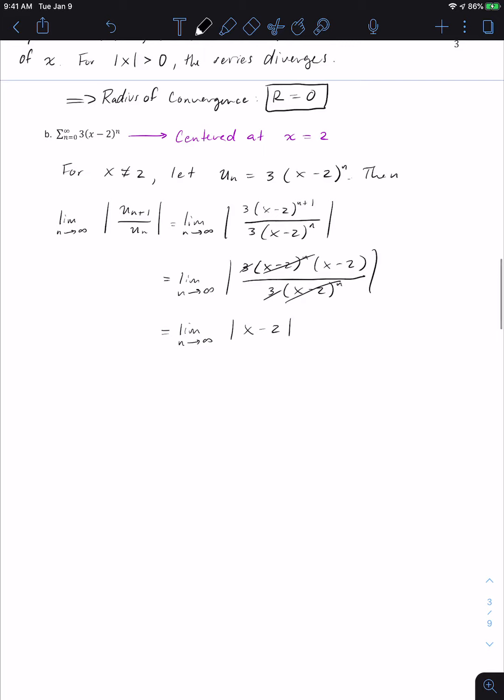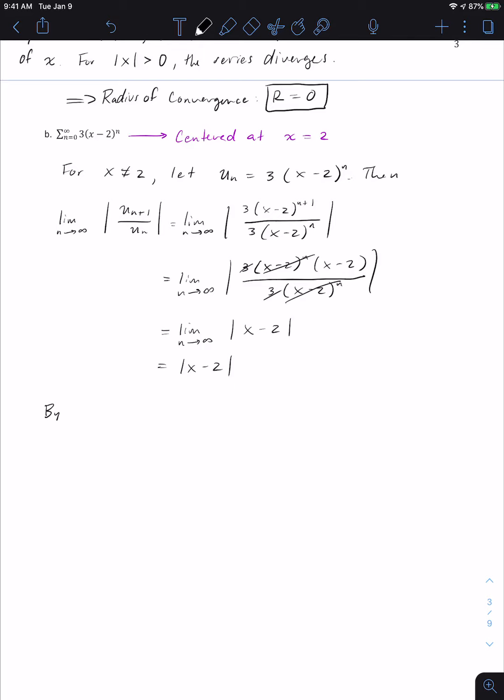Notice this is the limit as n goes to infinity. There are no n's inside of there, so it's just a constant, and remember the limit of a constant is just whatever that constant is. So I get x minus 2 there. You're like, what? How does this work? Well, remember, the whole idea is we're using the ratio test, which says the series converges if this limit is less than 1.